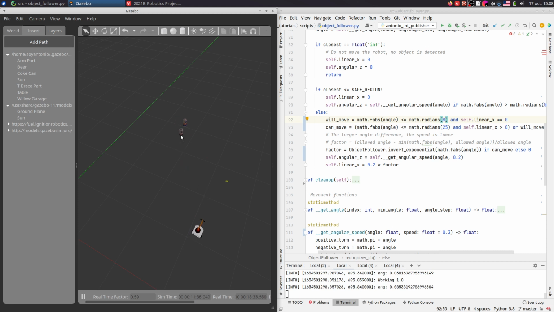It will start moving, and for example here it diverges more than 25 degrees, so it will try to compensate in the other direction. I will return this to 10 because 8 degrees is kind of slow, but that's all. As you can see, we have some improvements just to compensate.